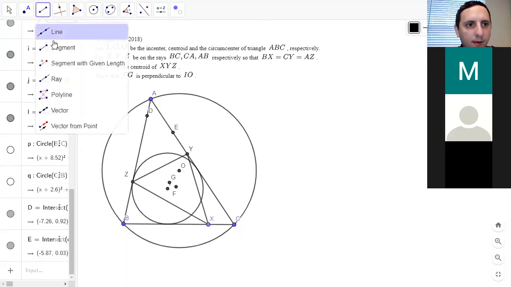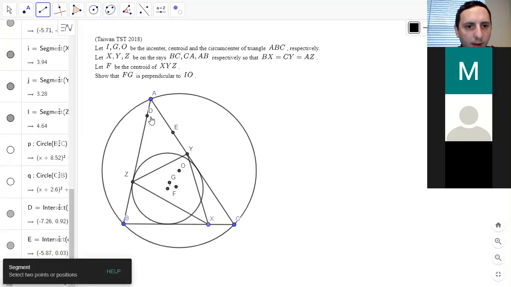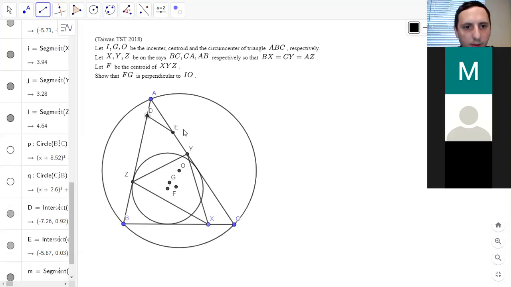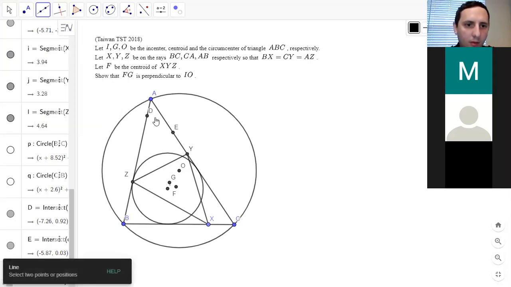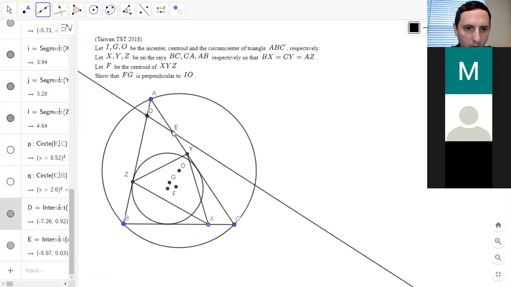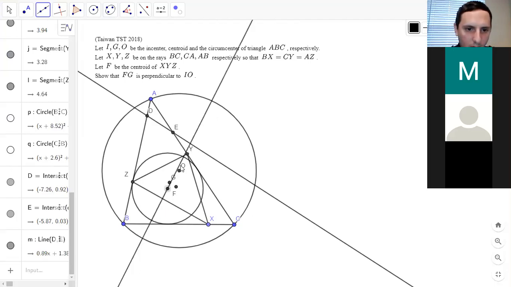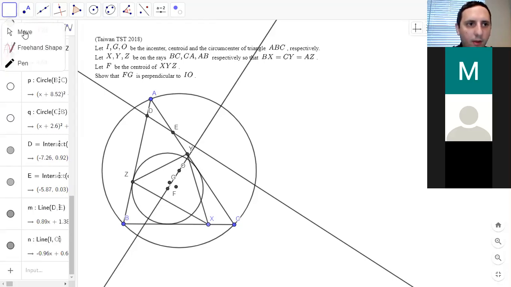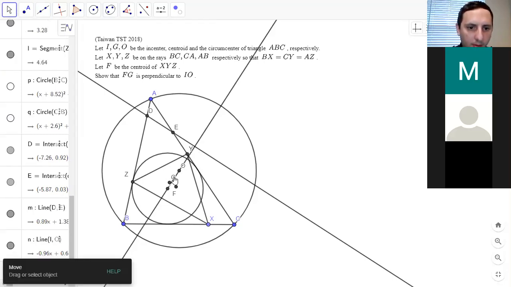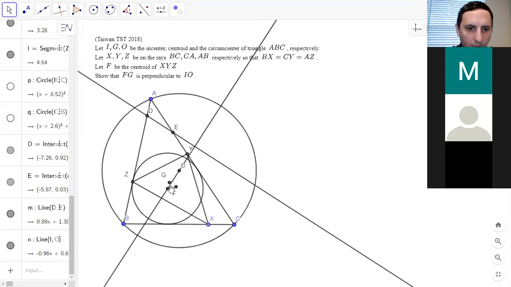Yeah, so he said that DE is perpendicular to OI, and we're trying to show FG is perpendicular to OI. And I think I did this on my channel once, where I showed DE is perpendicular to OI. I think that was another video. So if we could show DE is parallel to FG, that would also solve it, it looks like.